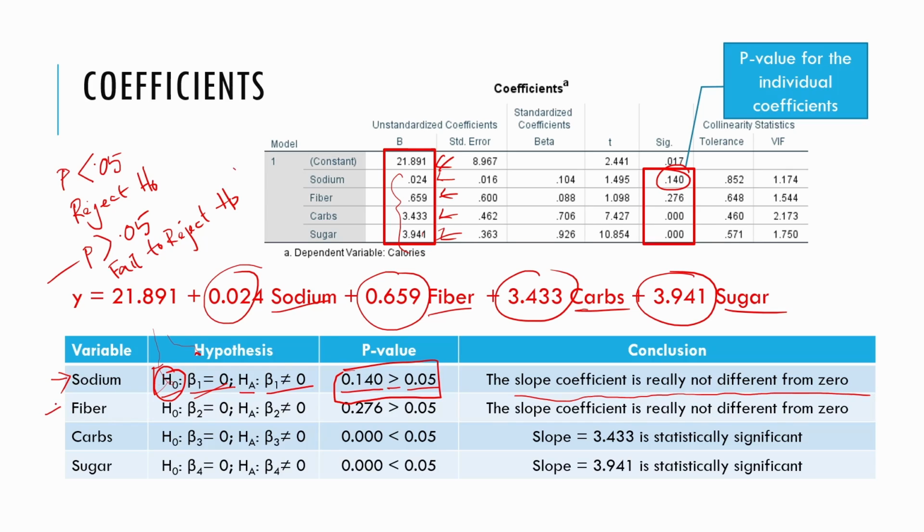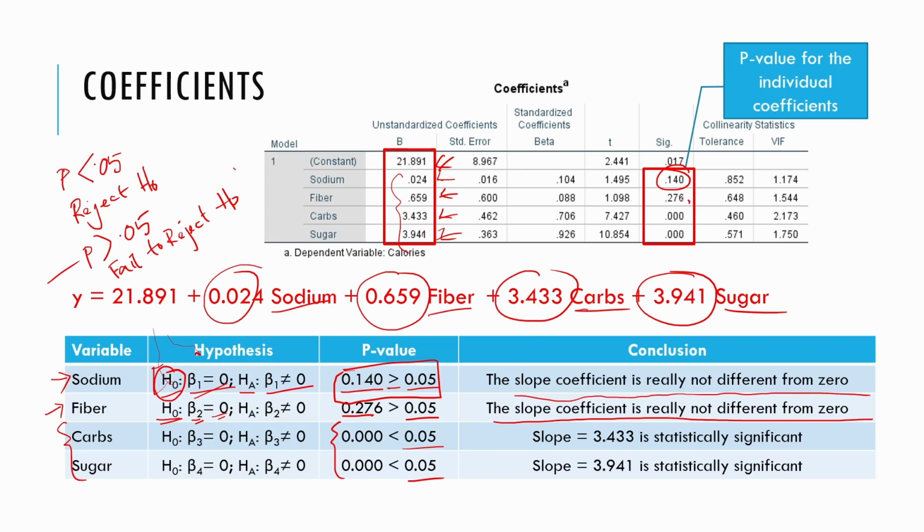And a similar observation is true for fiber also. Here also you see the p-value is greater than 0.05 and hence this H0 cannot be rejected. So beta 2 equal to 0 cannot be rejected. That means the slope coefficient is really not different from 0. But for the next two, that is carbohydrate and sugar, you can see the p-values are less than 0.05.